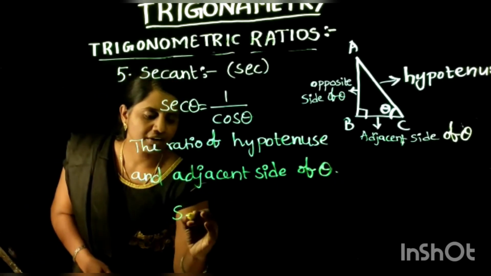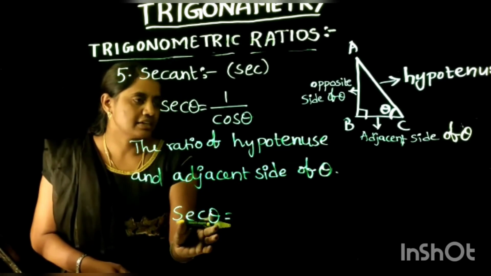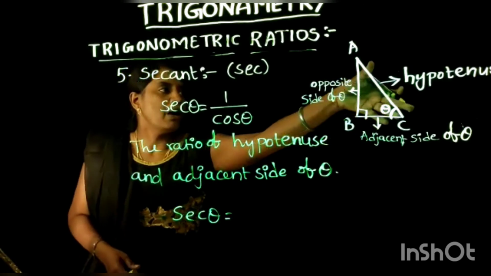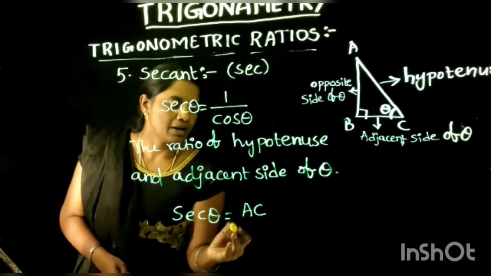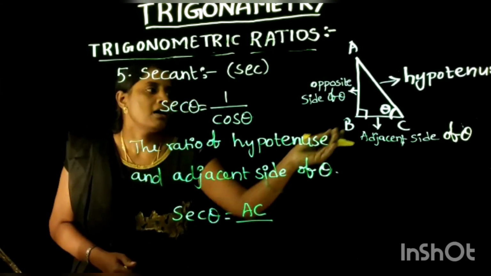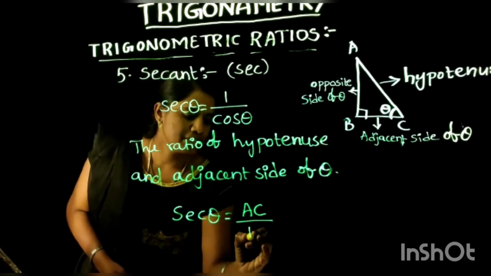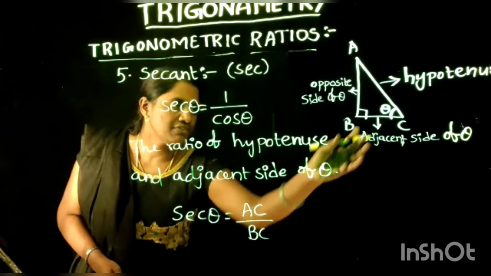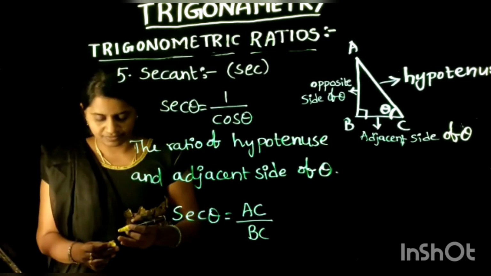From the figure we can write sec theta as the hypotenuse AC by the adjacent side BC. So sec theta is AC by BC. It is the secant.